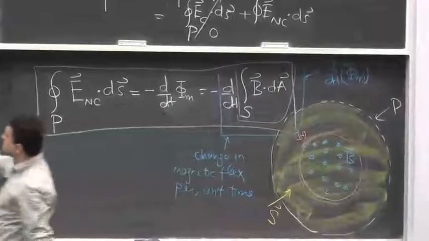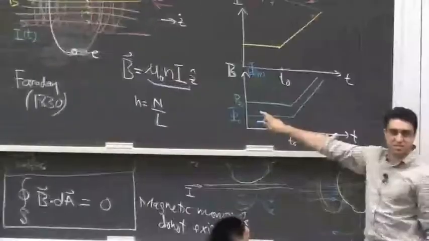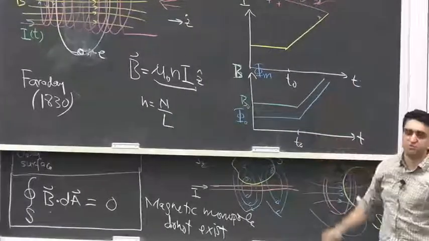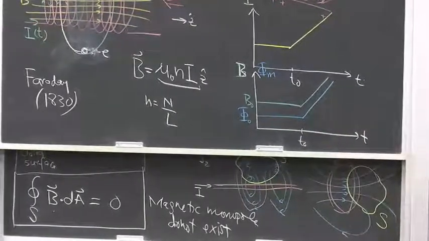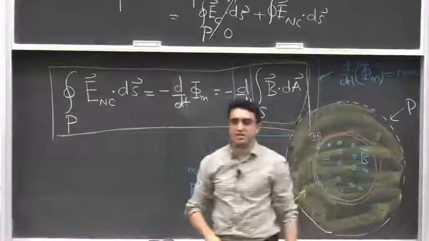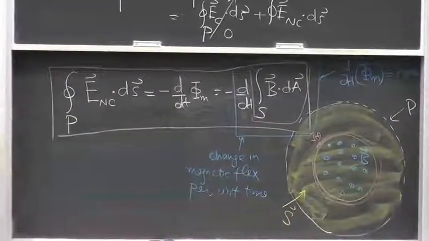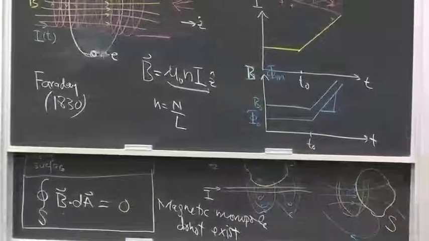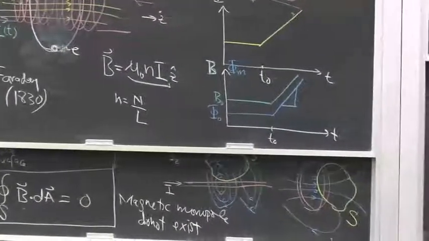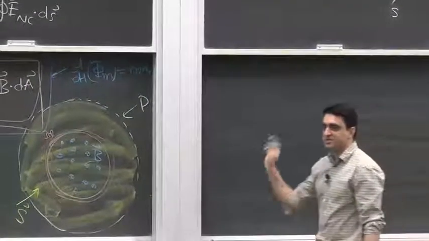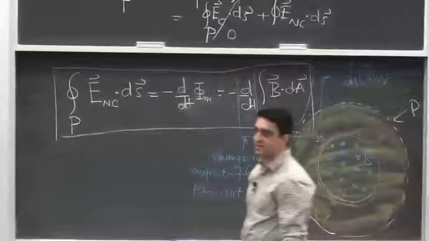The area is not changing, but the magnetic field is linearly changing, so the magnetic flux would linearly increase, and this d by dt of magnetic flux would be a constant number, given by the slope of that line. Any question here? Yes.